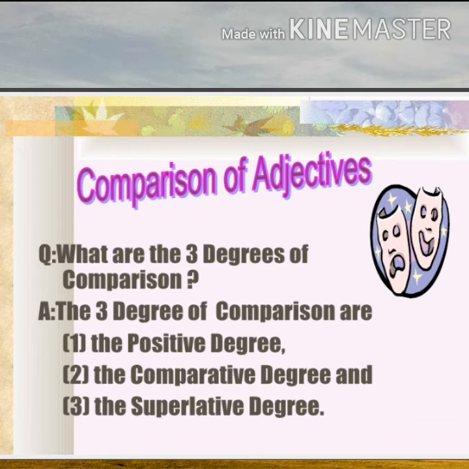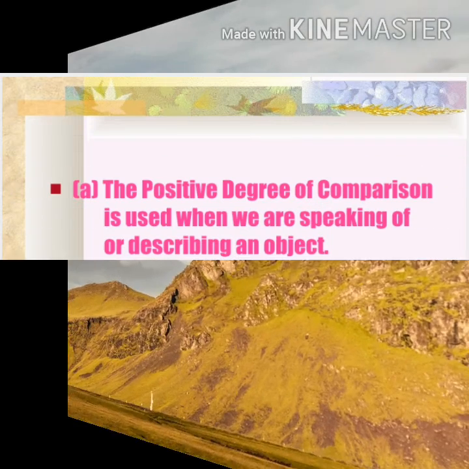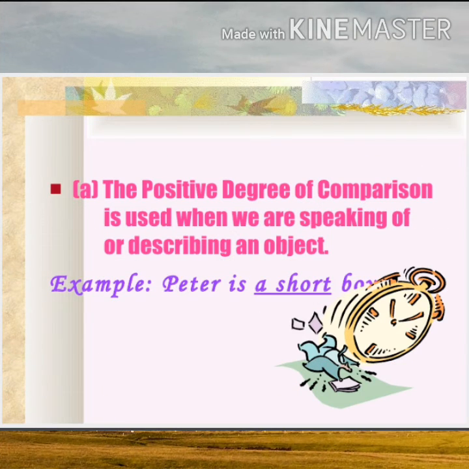Now let's see the comparison of adjectives. What are the 3 degrees of comparison? The 3 degrees of comparison are the positive degree, the comparative degree and the superlative degree. How are they used to compare? I'm going to make you understand through the points.